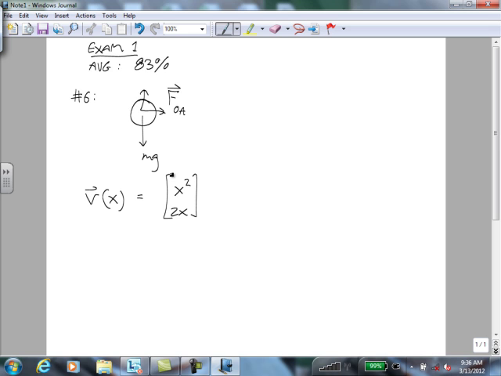The first thing a lot of people did wrong is taking the derivative with respect to x and assuming that that's the acceleration. The acceleration is dv/dt. That's not the same thing as dv/dx. So you can't do this.